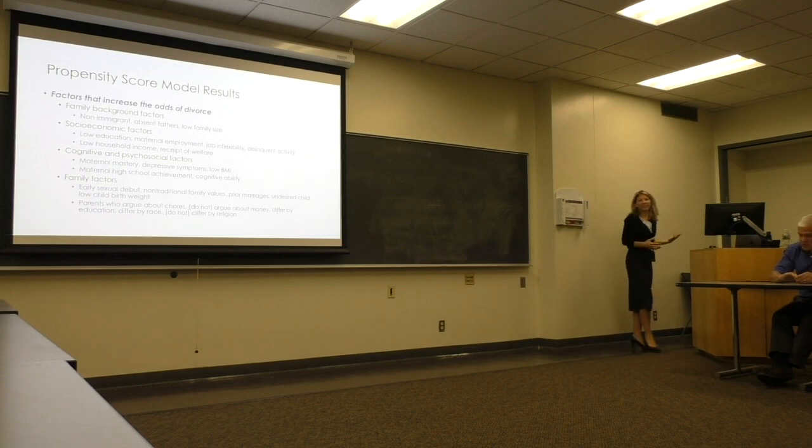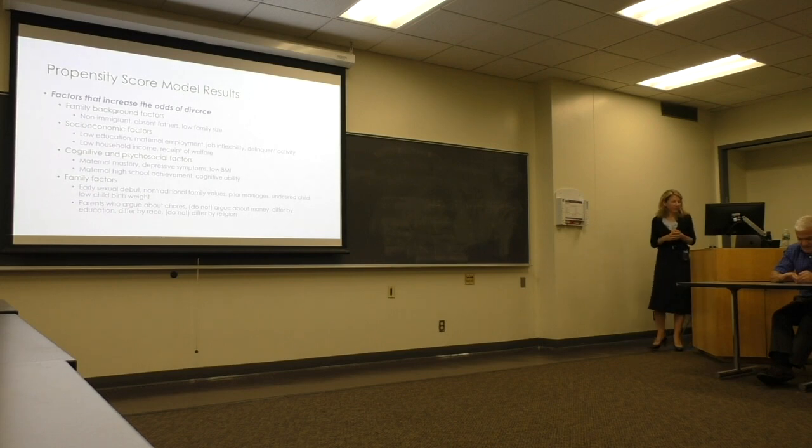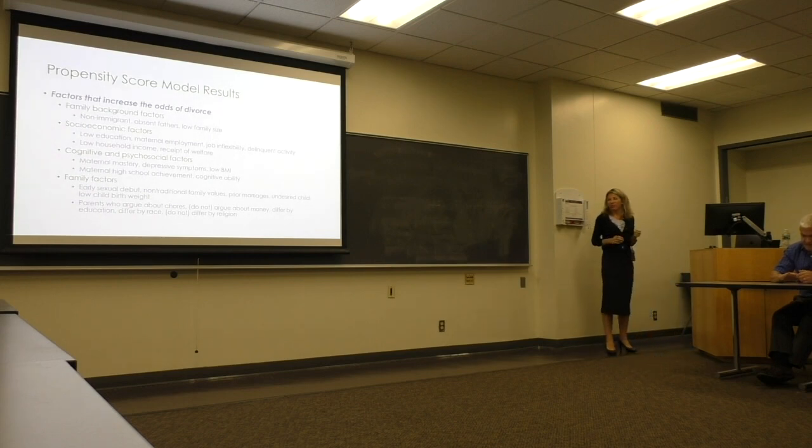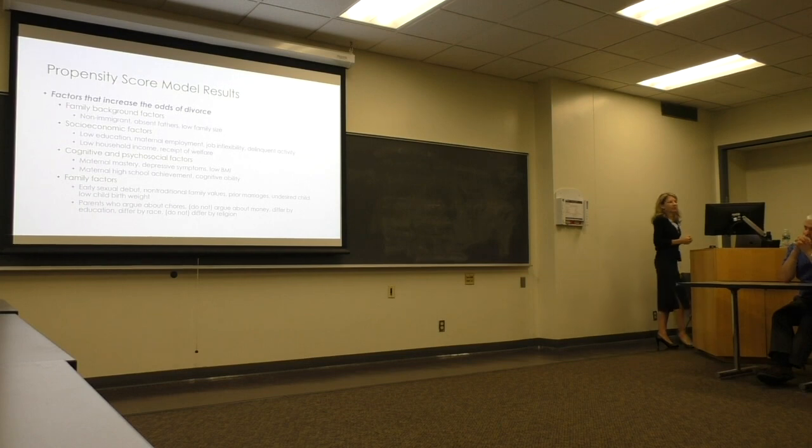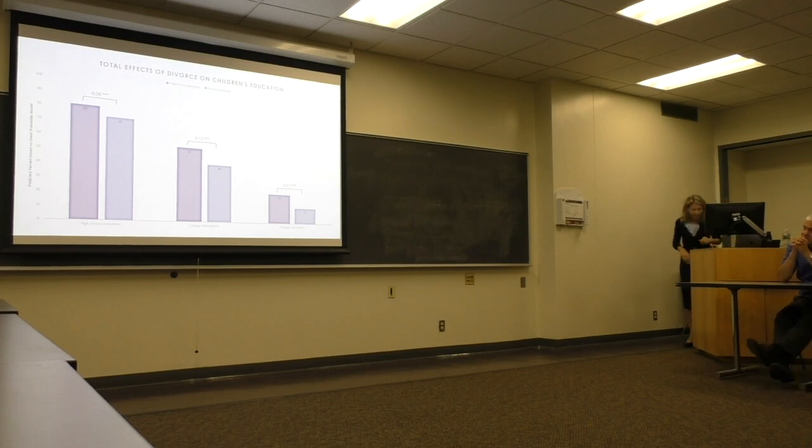Arguing about money is a good thing. Also parents who differ by education, differ by race, and who do not differ by religion, which we thought must be selective people who will get married despite religious differences and then are less likely to divorce.